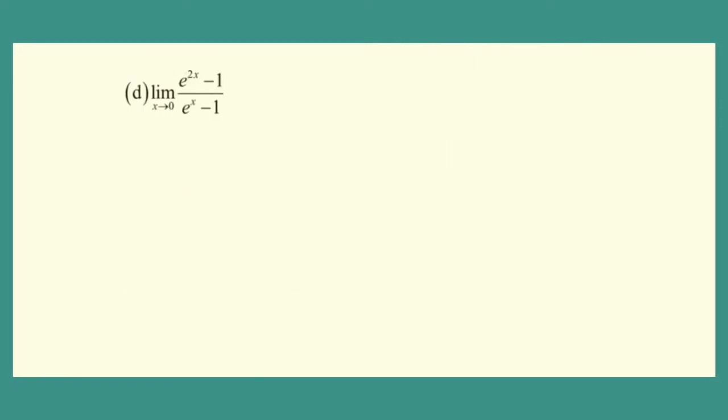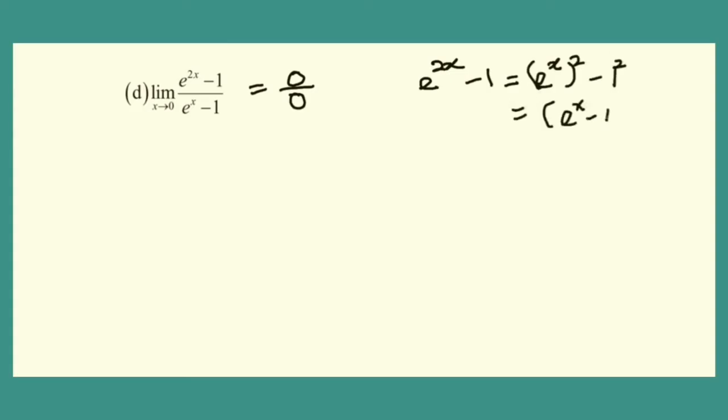Example D. Limit e power 2x minus 1 over e power x minus 1 as x approaches 0. We get 0 over 0 when we substitute x equal to 0. Now look at the numerator. e power 2x minus 1. This is (e power x) squared minus 1 squared. This can be factorized as (e power x minus 1)(e power x plus 1).